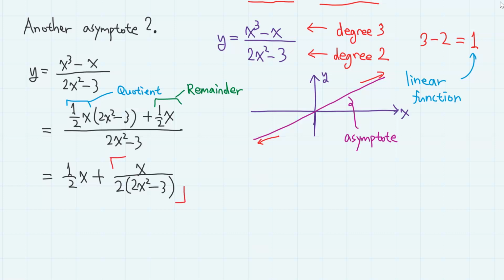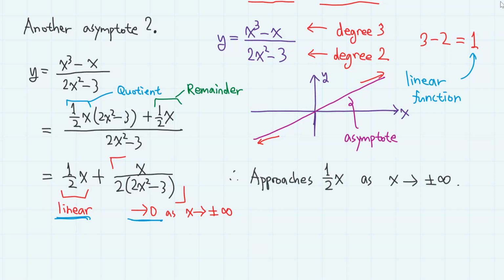Now for this part, the denominator has the higher degree. So as x approaches positive or negative infinity, this part goes to 0. So we have a linear function part plus the part that approaches 0, meaning that our function approaches 1 over 2 x as the magnitude of x becomes very large.